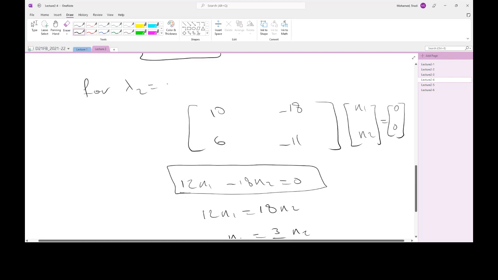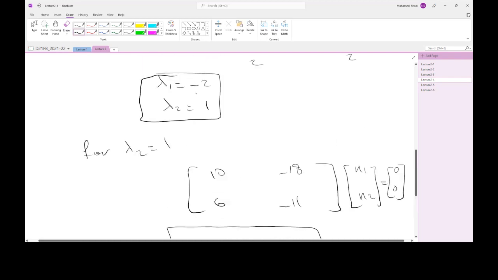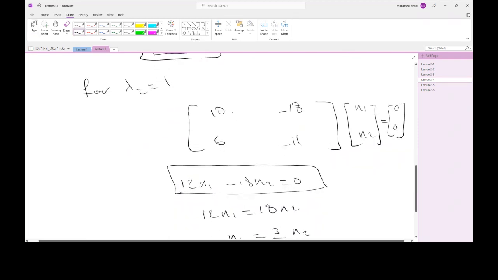For lambda 2 equal to 1, you remember I have two values. So lambda 2 now is the one I'm solving for. So I need to subtract the 1 from all diagonal terms. So it is minus 1, minus 1. 10 minus 1 is going to be 9. And minus 11 minus 1 is going to be 12.